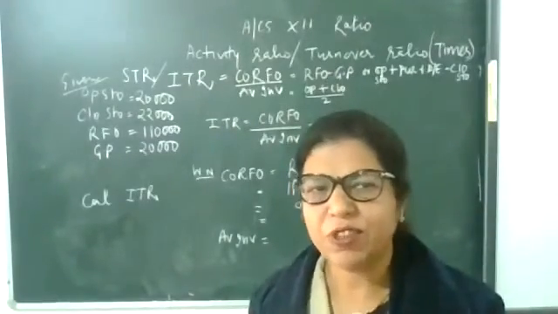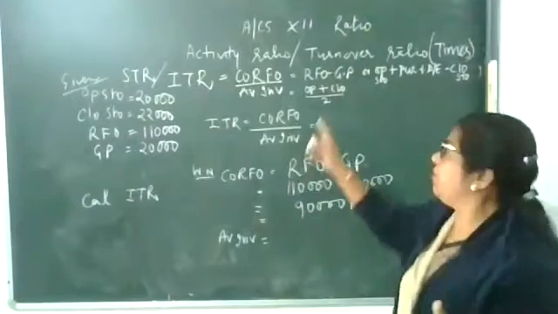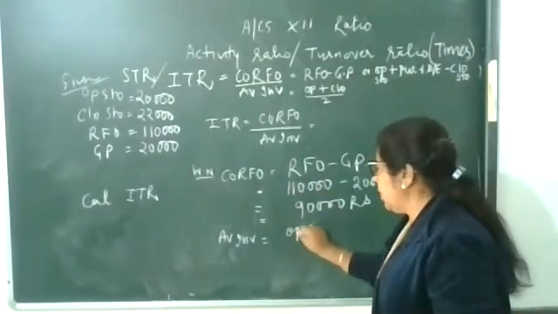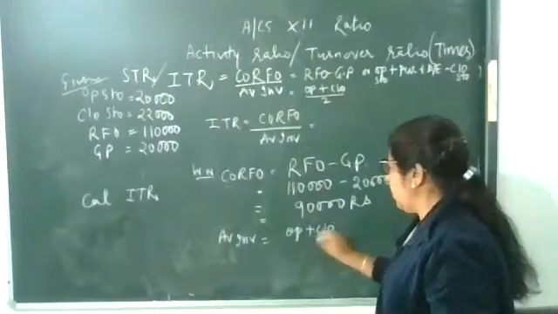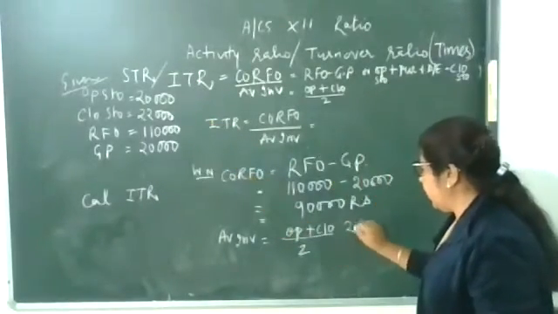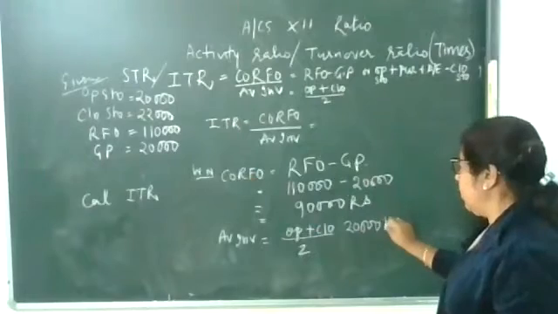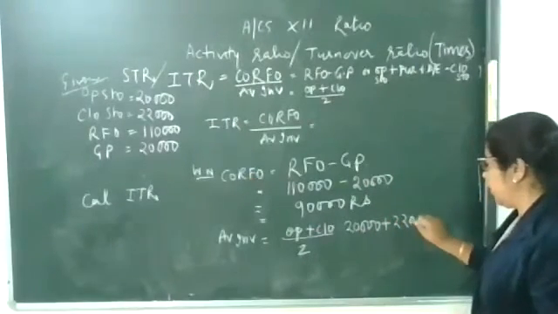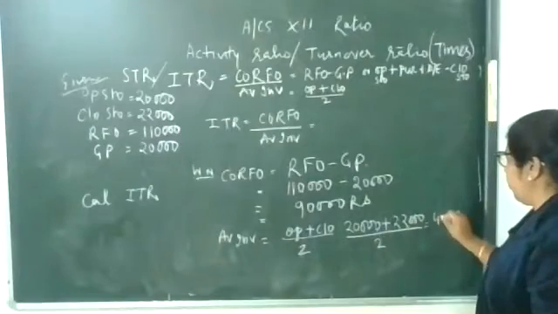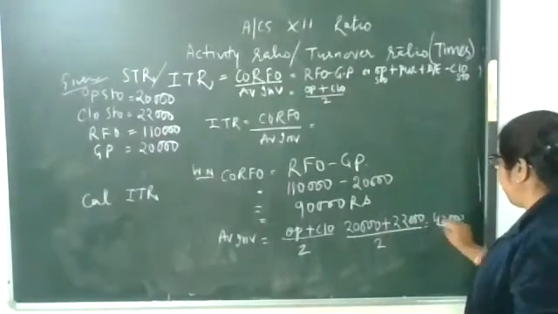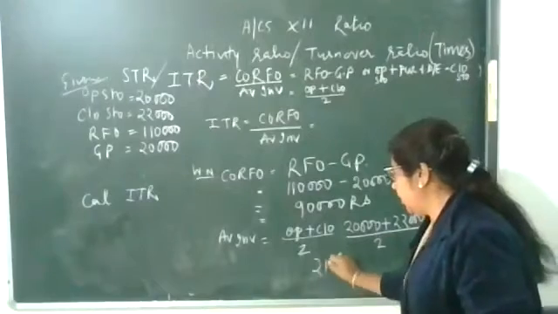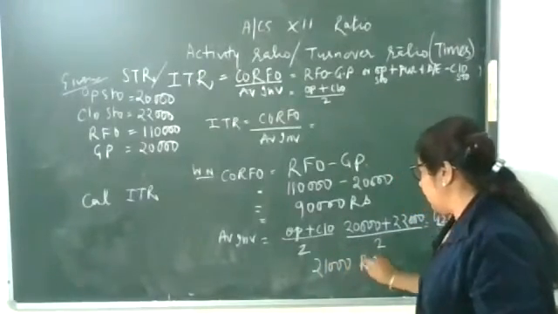For calculation of average inventory, there is only one formula: opening plus closing divided by 2. Opening is 20,000. Closing is 22,000, divided by 2. 42,000 divided by 2 is 21,000 rupees.